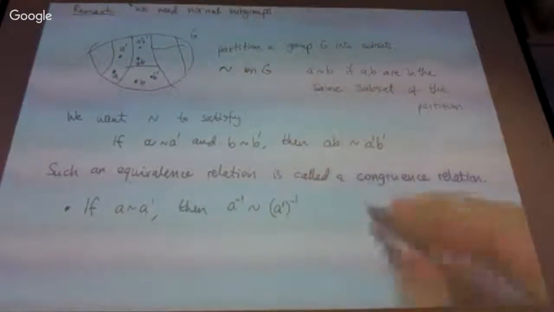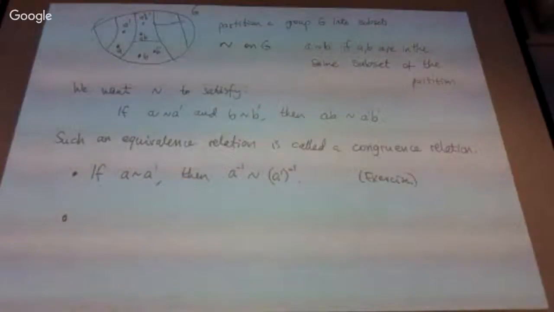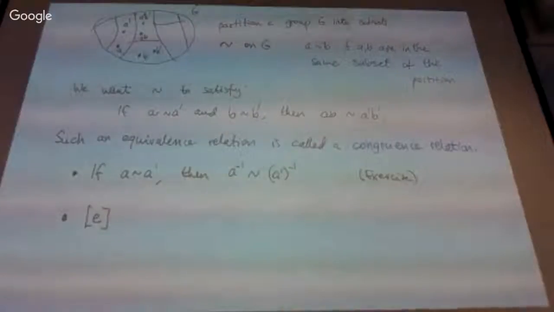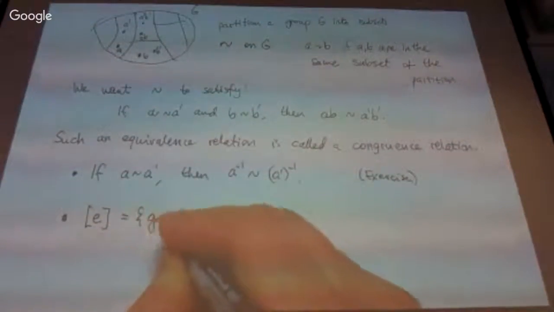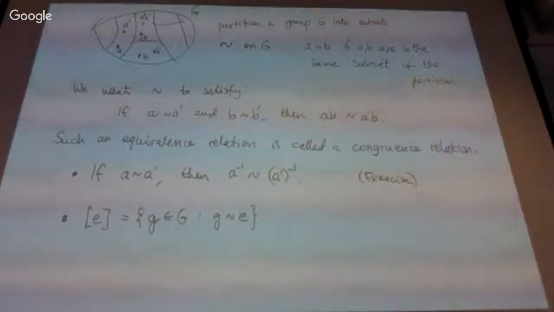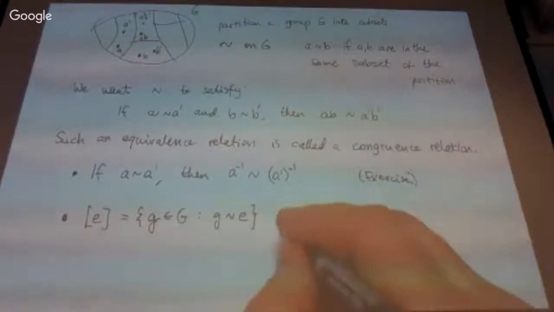Well, that's like an exercise, and that's not so important. What is more important is that if you look at the equivalence class of the identity, so that's all the g's in G which are in the same subset as the identity, this is a subgroup.